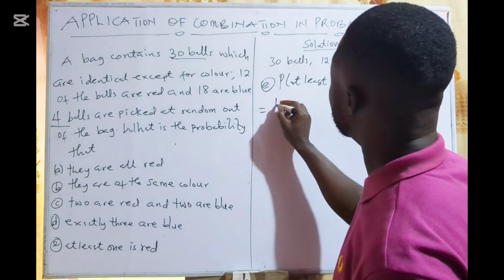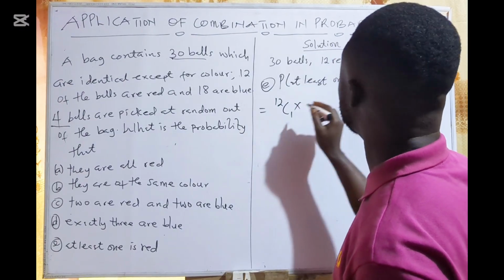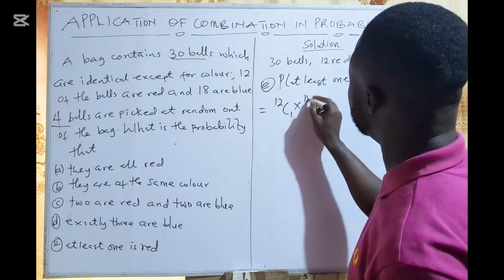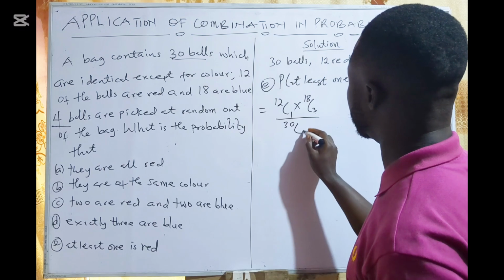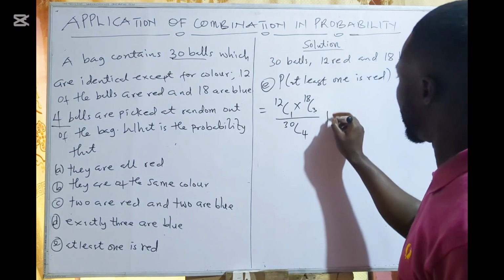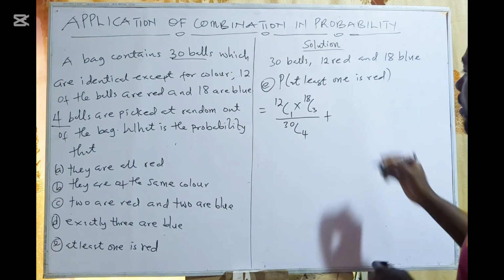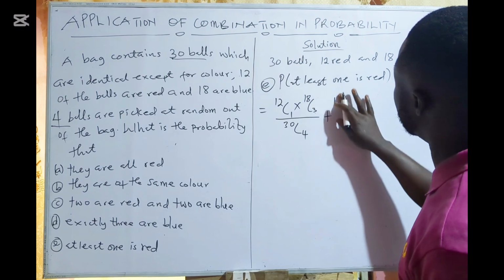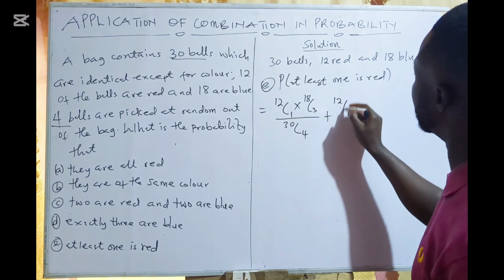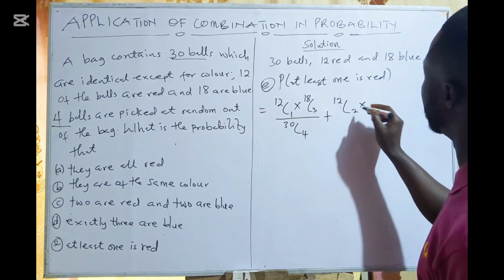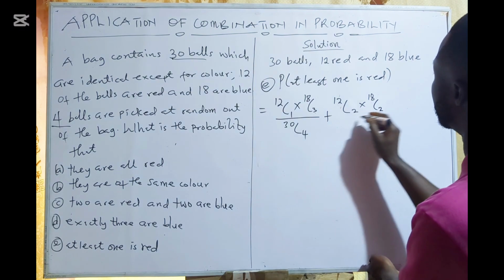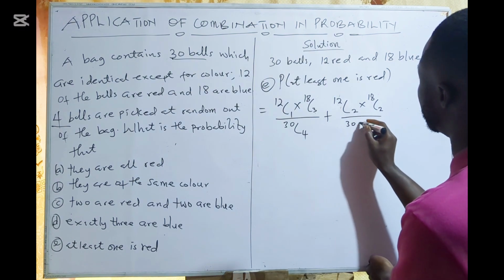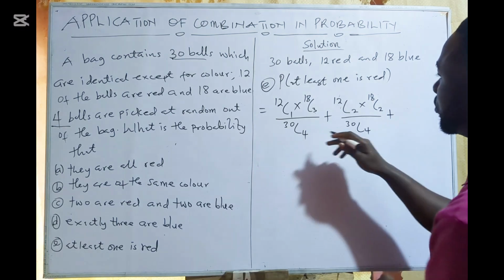So that will be 12 combination 1 times the blue 18 combination 3, all divided by 30 combination of 4. Or the red are 2, and then the blue will also be 2, divided by 30 combination 4.